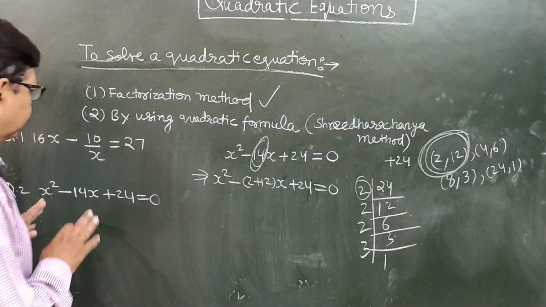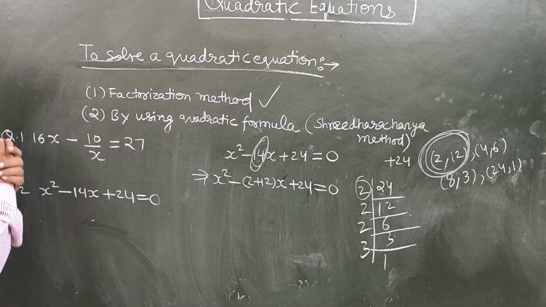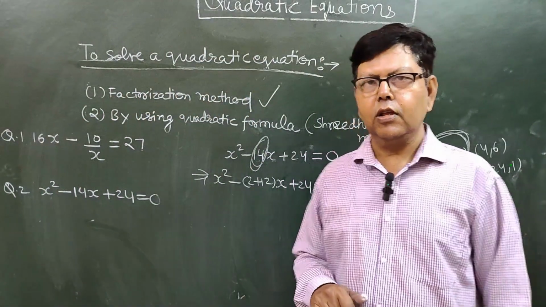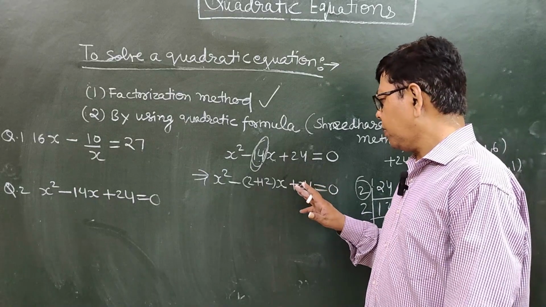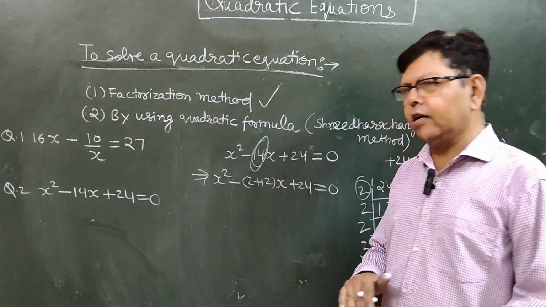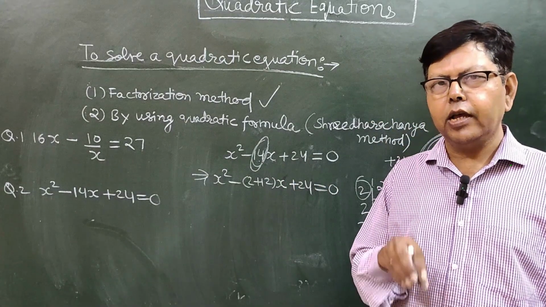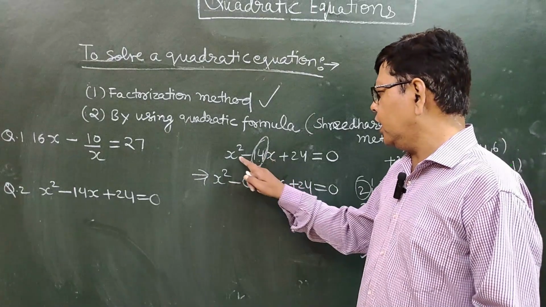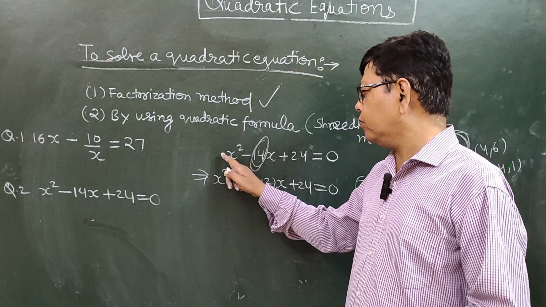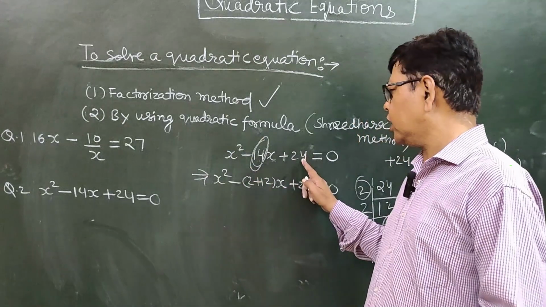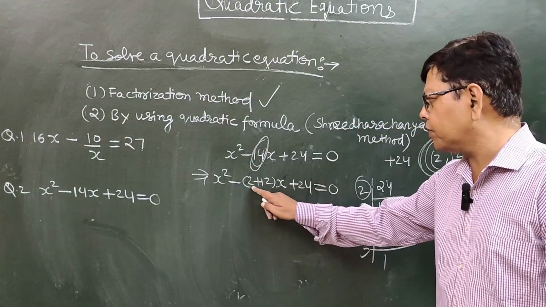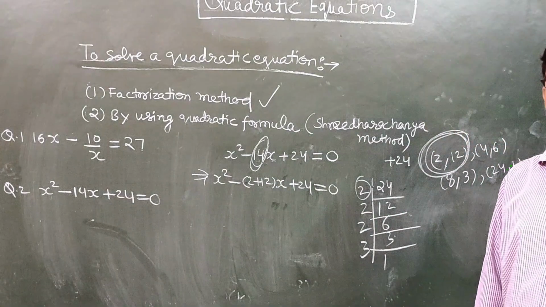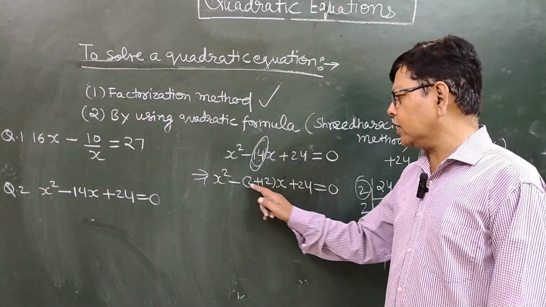So when we have the product as negative as it was in the first case, then we write the middle term as the difference of the numbers, and when the product is positive we write the middle number as the sum of the two numbers such that sum is the middle number and the product is equal to the product of coefficient of x square and constant term. So this is 12 plus 2 is 14 and the product is 12 into 2 is 24. In case of negative product, we take it as the difference.